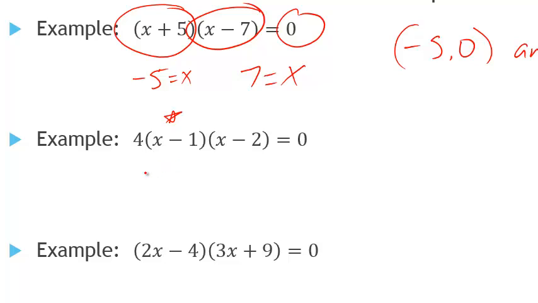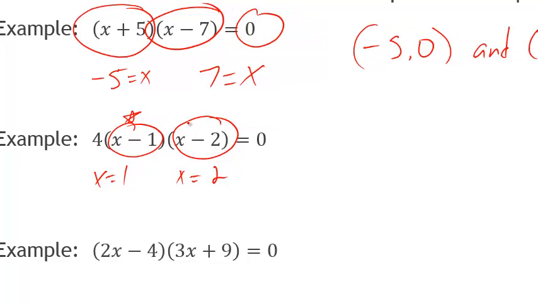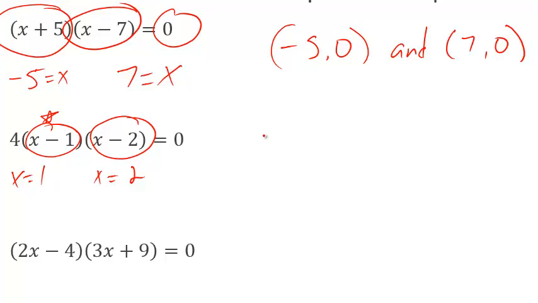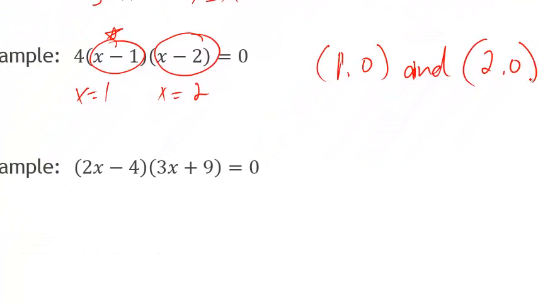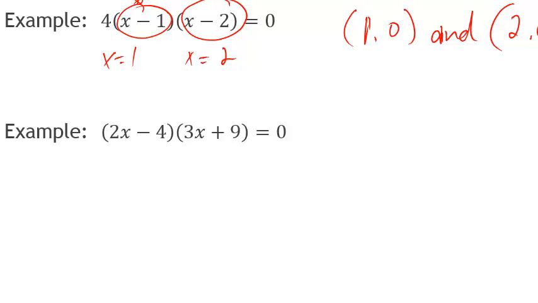So we're going to have x equal to 1 to make this equal to 0. And we're going to have x equal to 2 to have this equal to 0. And both of those would be a solution to this example. So that means our roots would be 1, 0, and 2, 0.